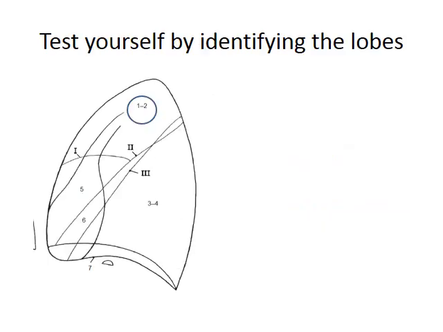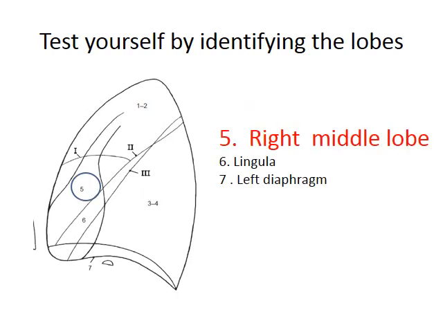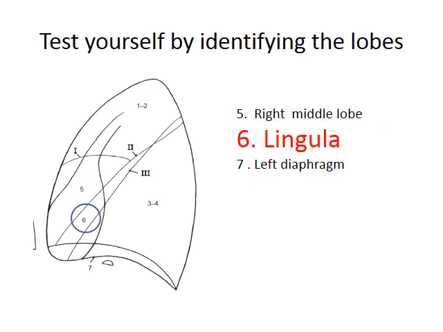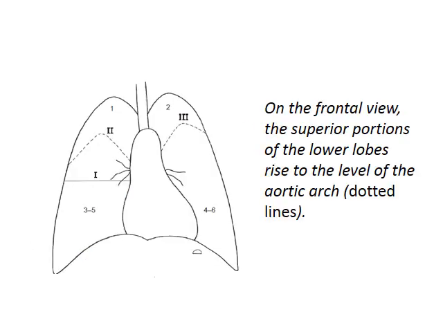In the lateral view, 1 and 2 are upper lobes, 3 and 4 are lower lobes, 5 is right middle lobe, 6 lingula, 7 is left diaphragm. On the frontal view, the superior portions of the lower lobes rise to the level of the aortic arch.